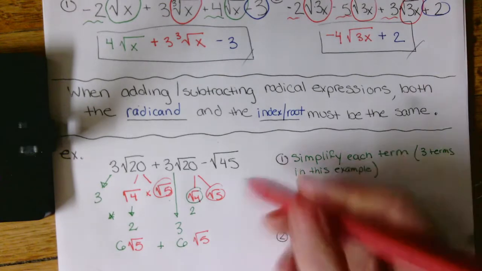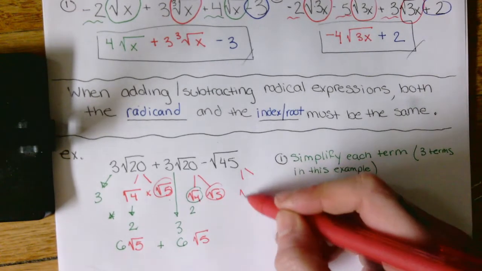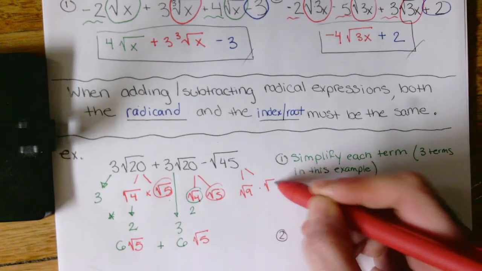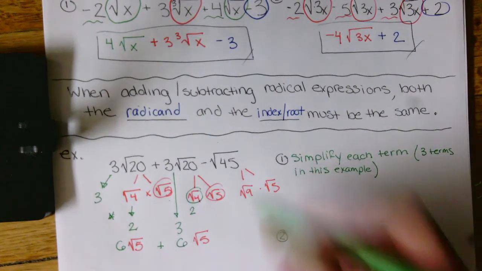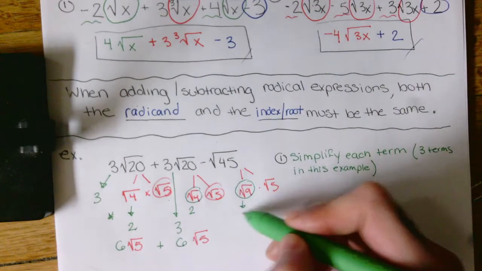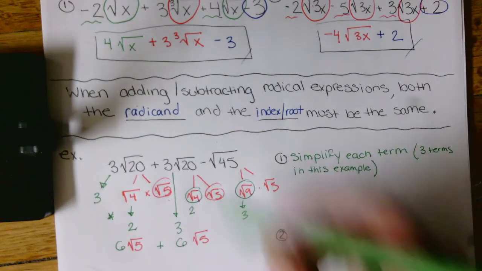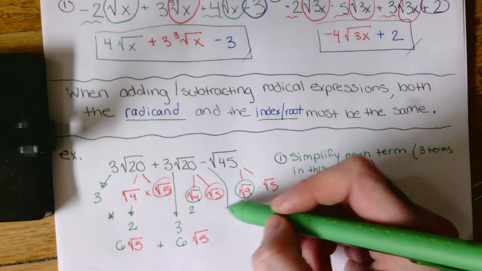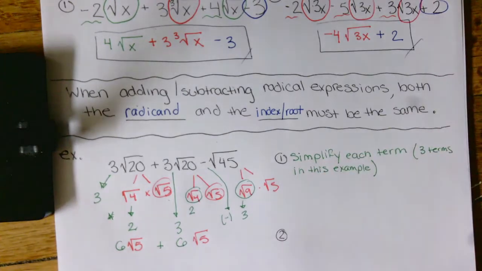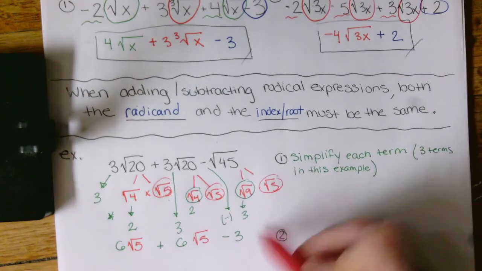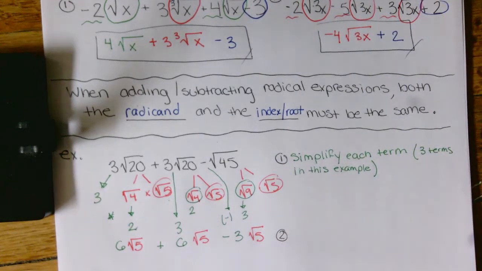And then 45. Well, that's just 9 times 5. We know that the square root of 9 is 3. So here I've got a minus 3 square root 5.